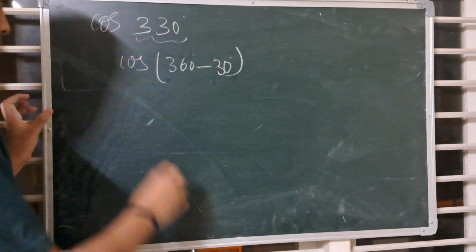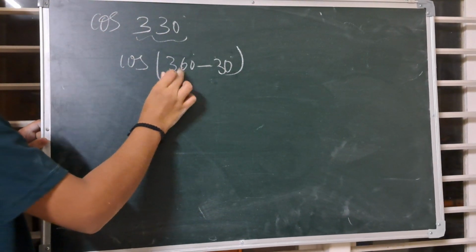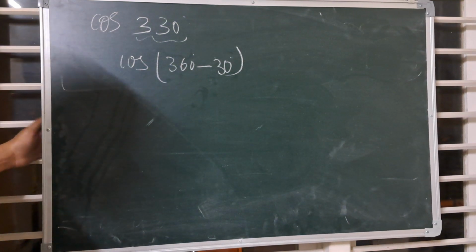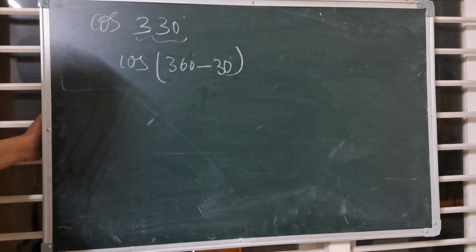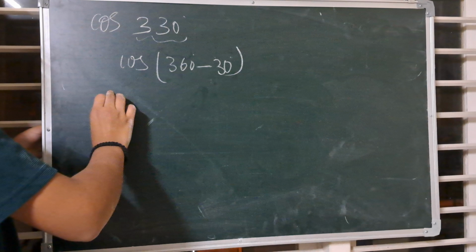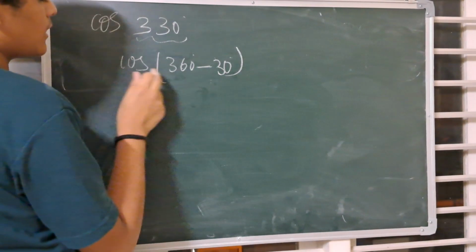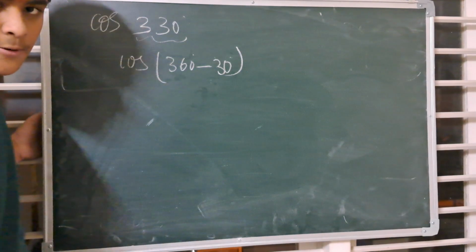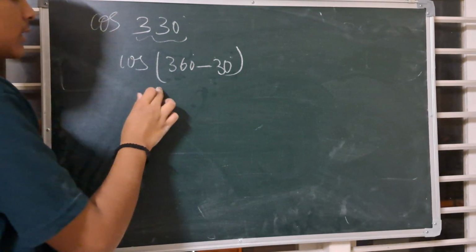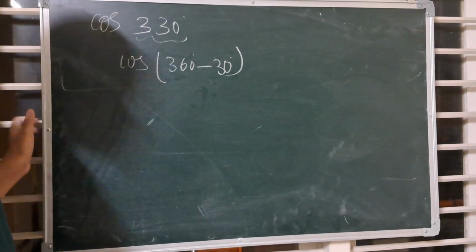And if it was 270 plus 60 degree, like that, it would have changed to sine, and we will not check the ASTC rule for sine.